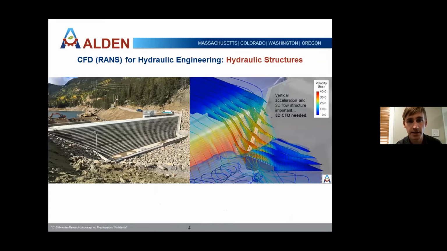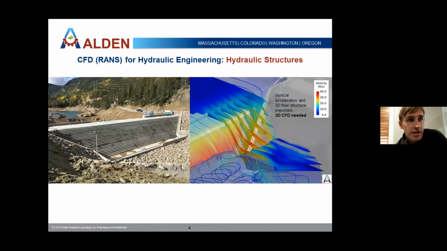So CFD RANS, that's mainly what I use at Alden. We do a lot with hydraulic structures. Here's a spillway, a step spillway. And you can see the grid superimposed on these plots of velocity. And now this is the actual velocity from the RANS solution. So I should have said that RANS is the Reynolds Averaged Navier-Stokes.